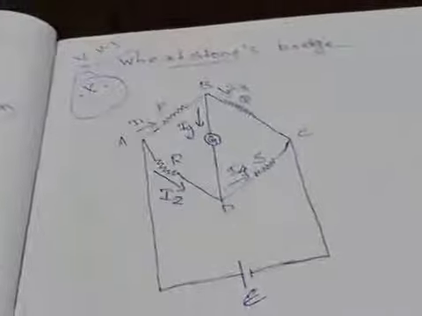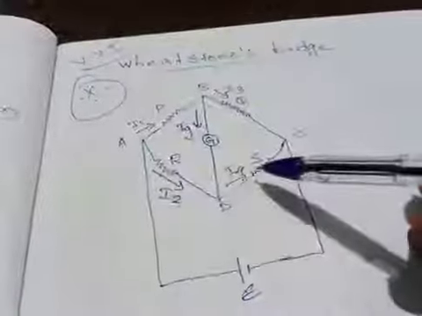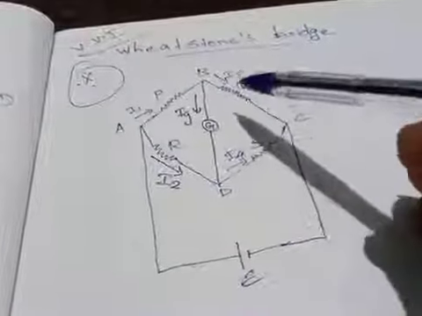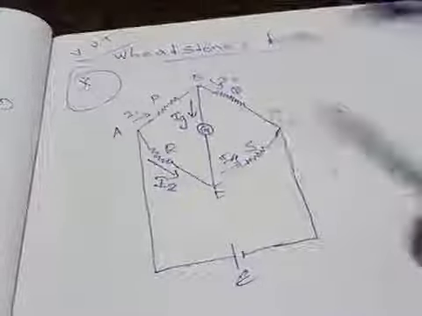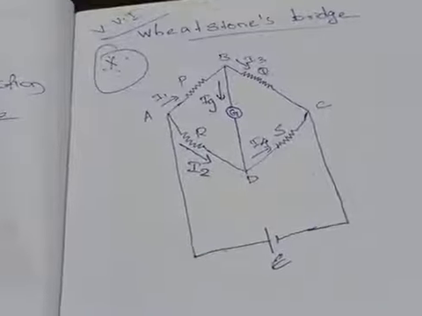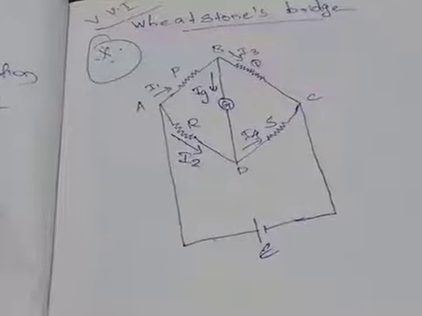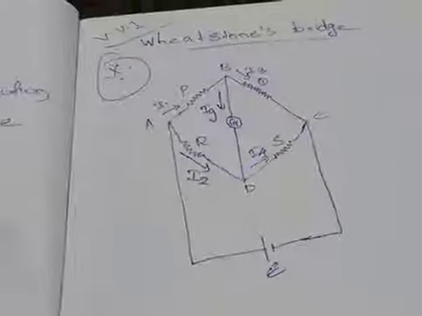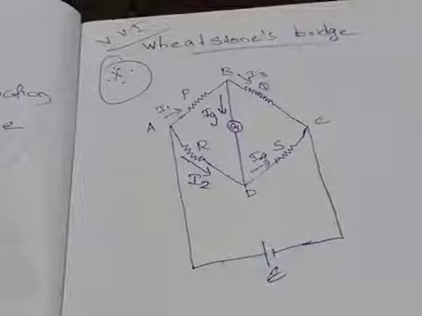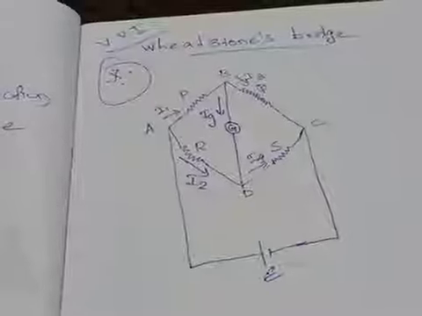Suppose they know three resistance values, then they can find out the other resistance value. That is the use of this Wheatstone bridge. It is used to determine the unknown resistance in an electrical network and to compare resistances.